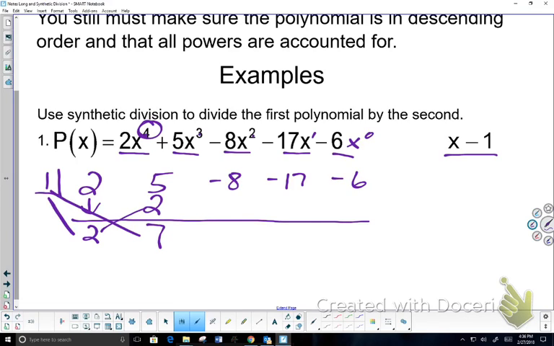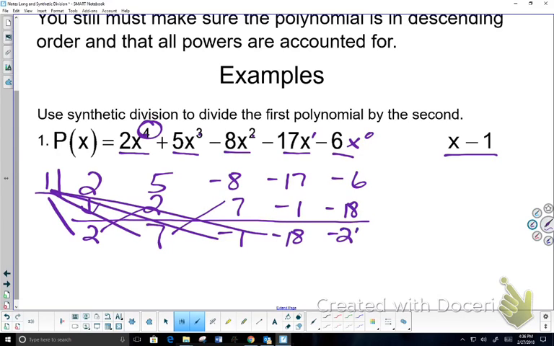Then I'm going to do 1 times 7, which is 7, and I'm going to put it right there. Negative 8 combined with 7 is negative 1. Then I'm going to do 1 times negative 1, which is negative 1. Negative 17 and negative 1 is negative 18. And then I got 1 times negative 18, which is negative 18. Negative 6 and negative 18 is negative 24.